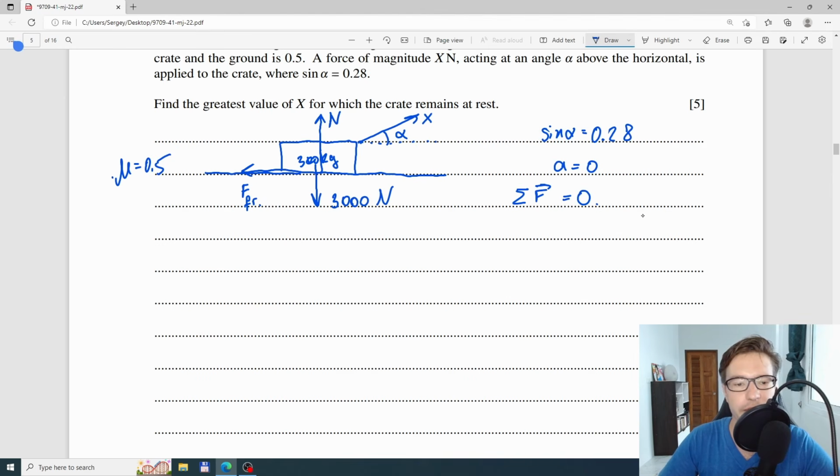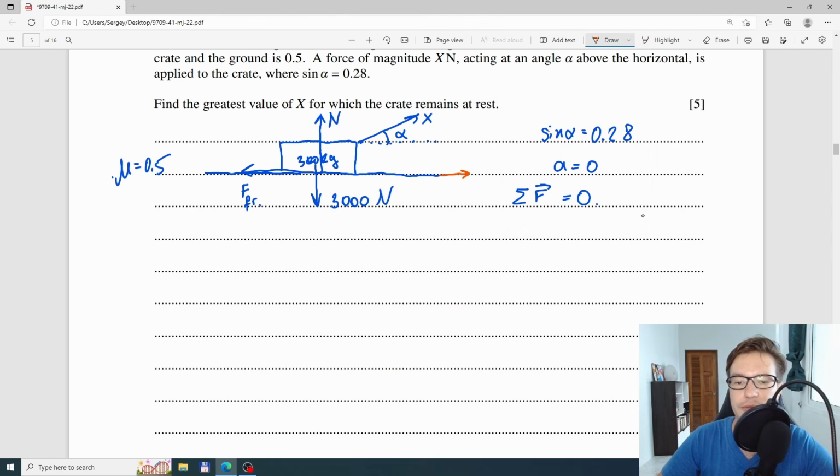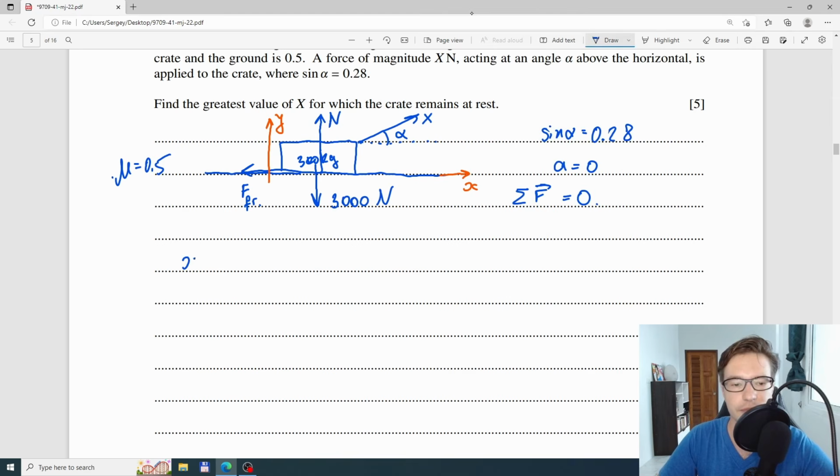Now let's start with choosing x and y axis. I will choose x-axis to be horizontal, pointing to the right, and y-axis is going to point upwards. Now we're ready to write the second Newton's law on both axes. Let's start with x-axis. We got a force X acting in the same direction as the axis, so I'll take it with a plus sign.